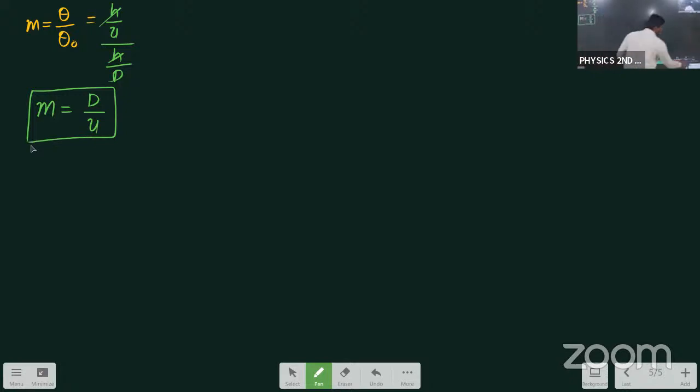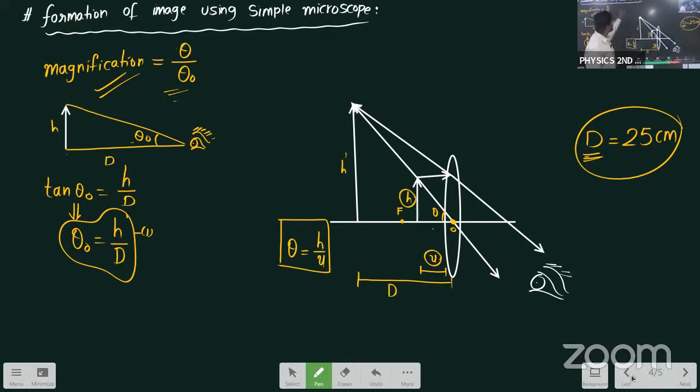What we did: we are supposed to explain the formation of image using which type of microscope? A simple microscope. I am trying to find the magnifying power of that simple microscope. What is the formula for the magnifying power of a simple microscope? It is the ratio of the angle subtended by the image at the eye using the lens to the angle subtended by the object at the eye without using the lens.